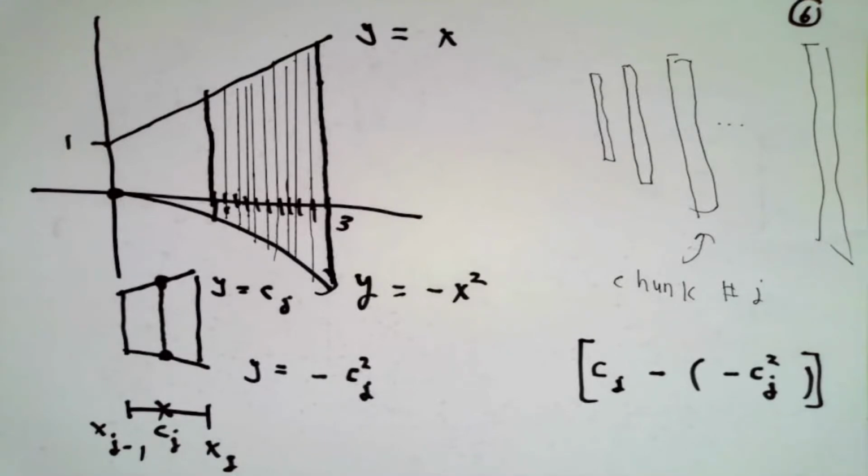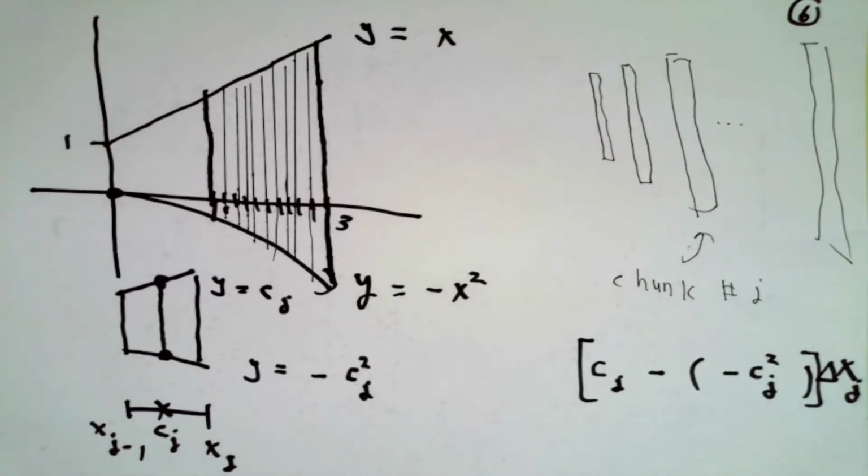To get an approximation for the area that goes with chunk number j, I need to multiply by the horizontal width of chunk number j. Having these estimates, I need to add them all up. This gives me an estimate for the total area between the two graphs.